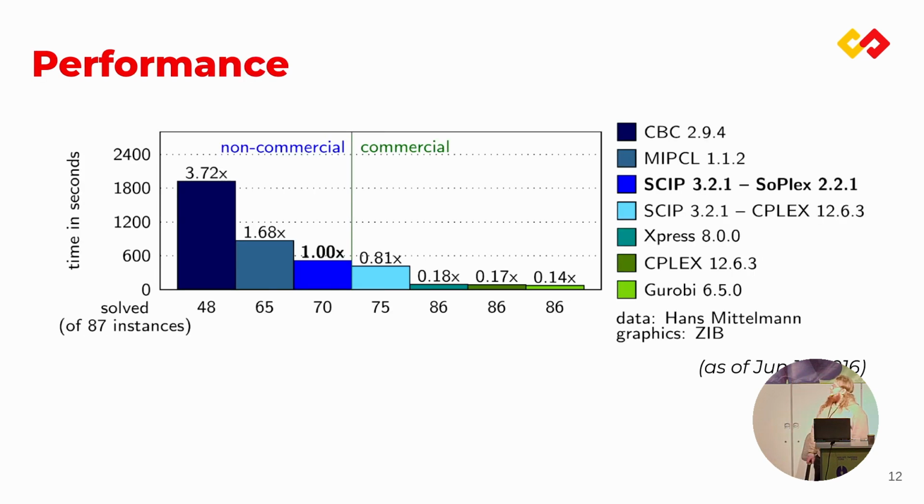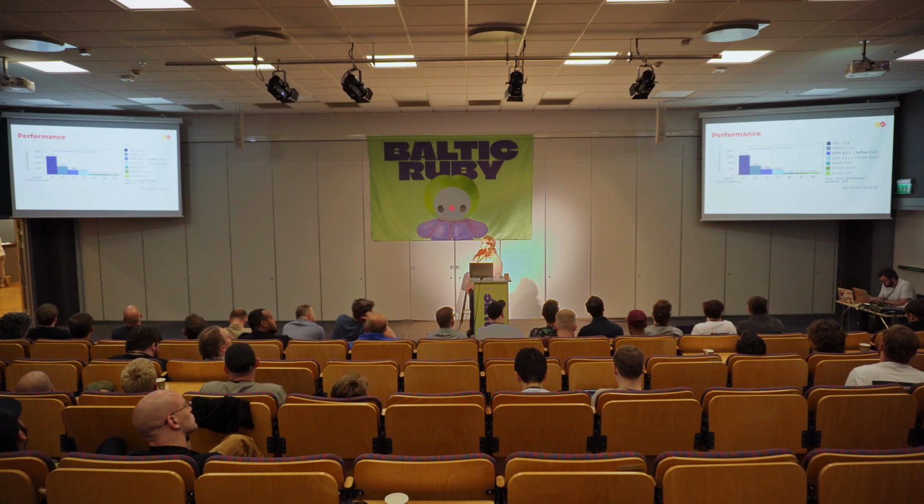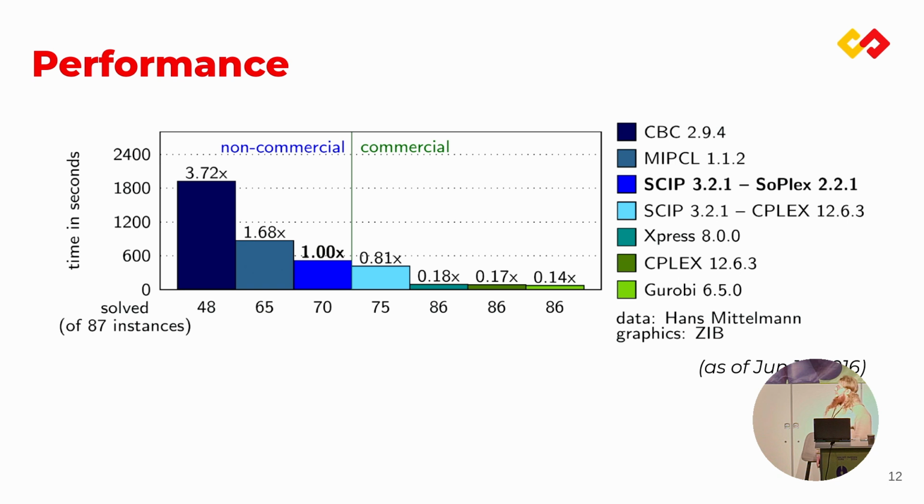There is a graph of the performance of some of the most commonly used solvers. It's maybe not the most recent information, but it's still kind of valid. The commercial solvers are faster, and what's more important, on the horizontal axis there is the number of solved problems, so the more problems solved, the better.